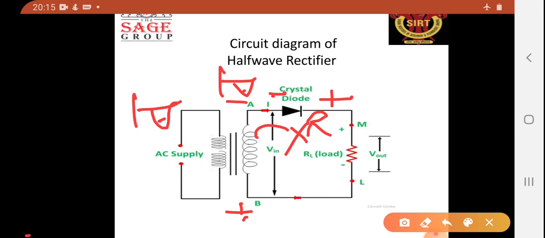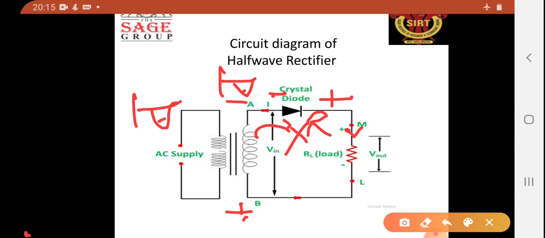The current cannot flow through the diode, so the current cannot move forward. Since the current cannot flow through the resistance RL, the current is 0 because the diode cannot permit the current to flow through it.